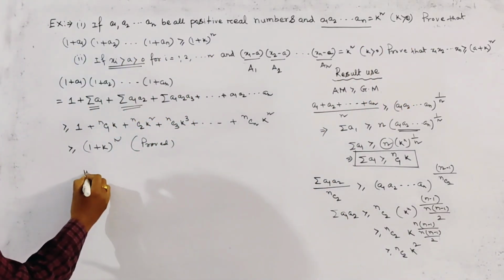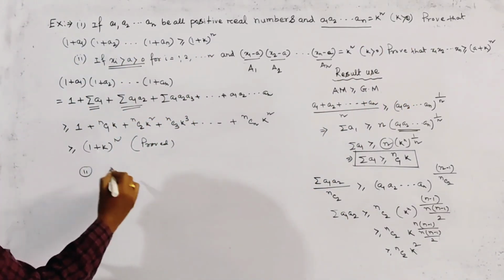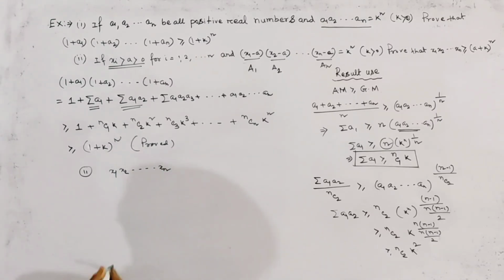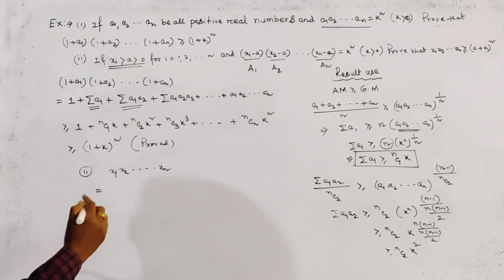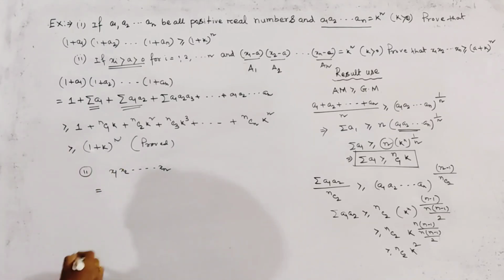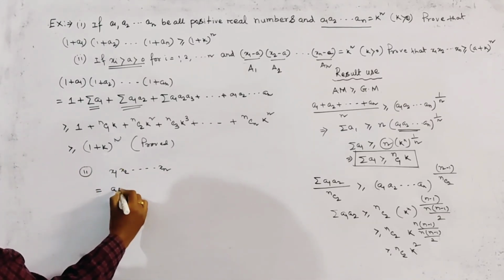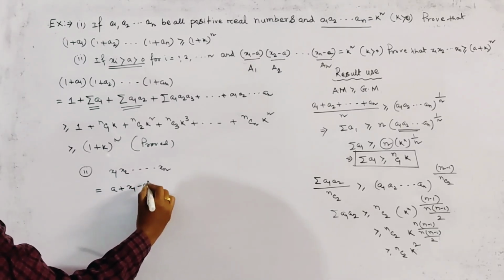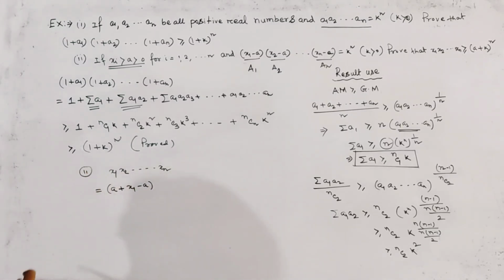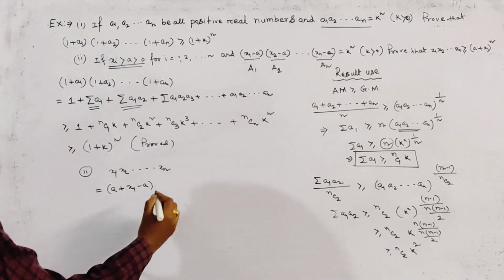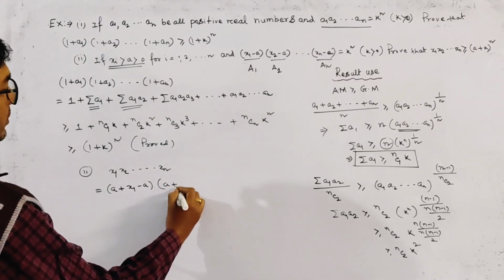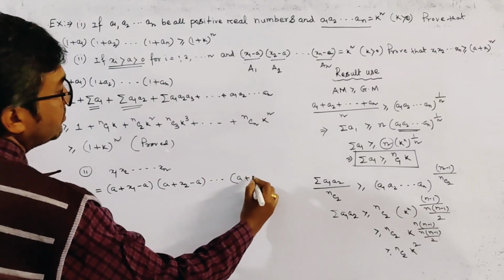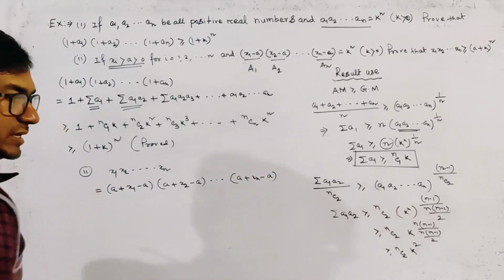Now for the second problem, we write first the left side x1, x2 to xn, right? And now we write this x1 as a plus x1 minus a, and the second term is a plus x2 minus a, and the last term is a plus xn minus a.